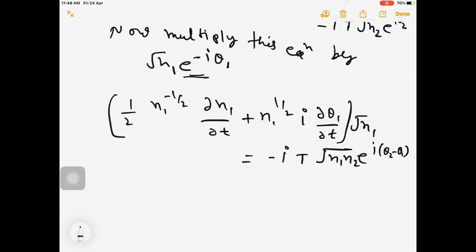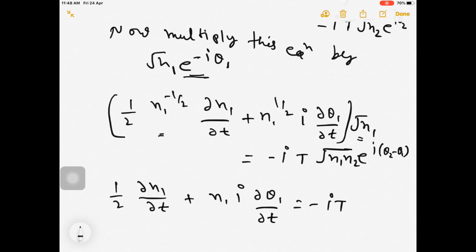Further I can write 1 by 2 del n1 divided by del t, because when I multiply this term with the first term, the minus half power and plus half power cancel out, and in the second term half power plus half power becomes the whole power 1. So iota del theta 1 del t equals minus iota T under root n1 n2 exponential iota phi. Here phi is nothing but the phase difference, that is theta 2 minus theta 1.